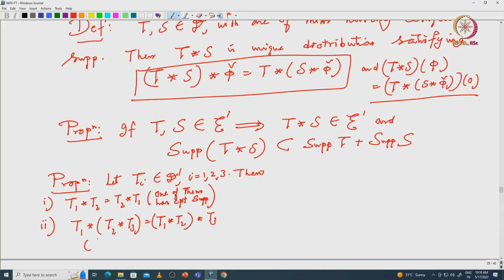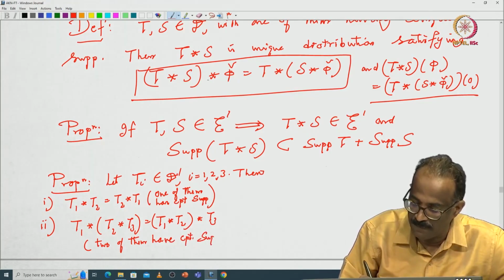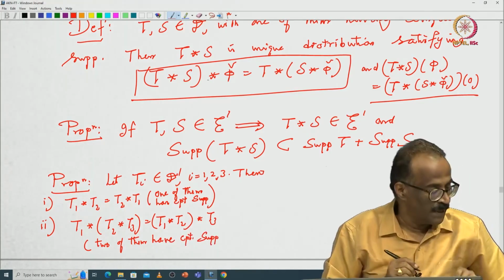In this case, you need 2 of them to have compact support, then only these products are well defined.